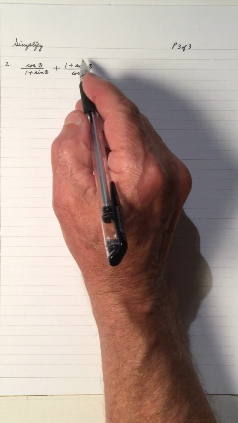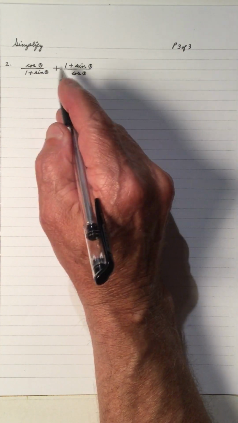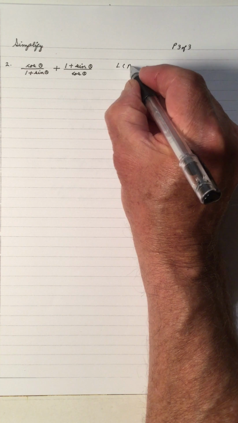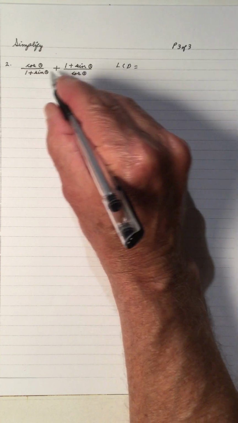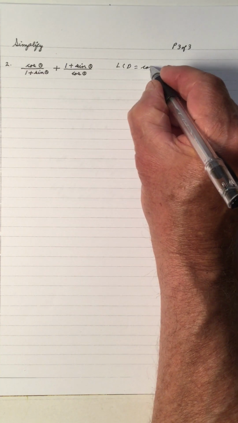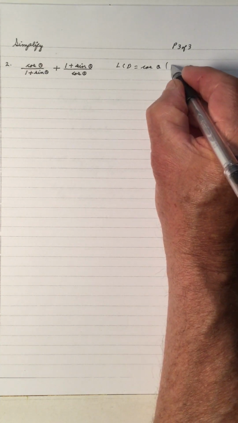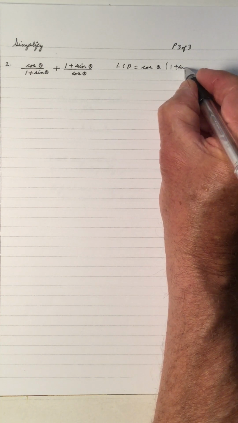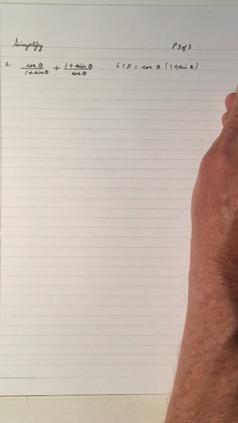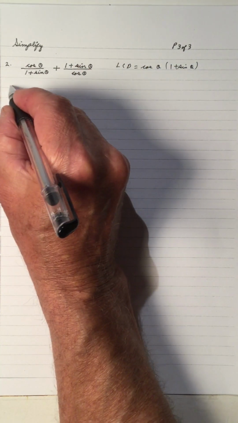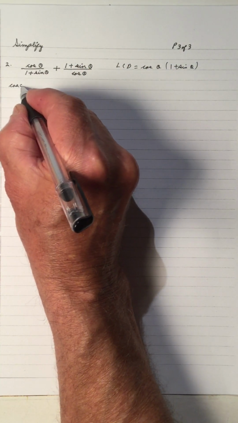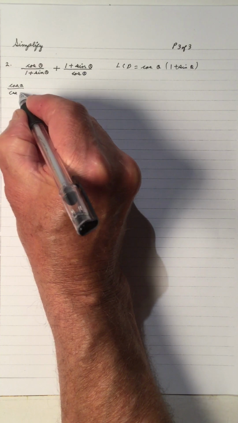And then the last one to do here, we have two fractions. We need a common denominator. This denominator is not the same as this. So the LCD is cos theta times 1 plus sine. So we take this fraction and multiply it by cos over cos.